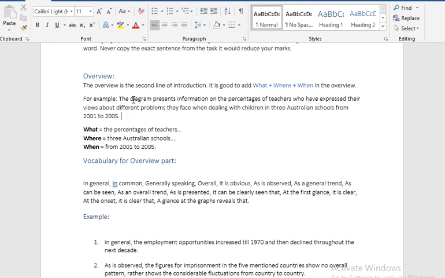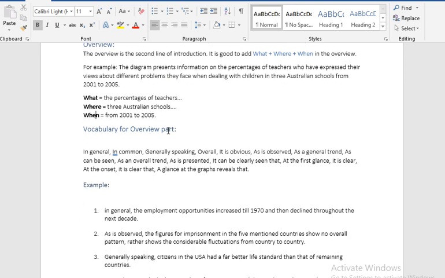Here it's the diagram and the percentage of teachers. What about the diagram? It's about the percentage of teachers who express their views about different problems, in where? In Australian schools. From which time? From 2001 to 2005. So you have to explain 3 things in your introduction paragraph: what, where, and when.